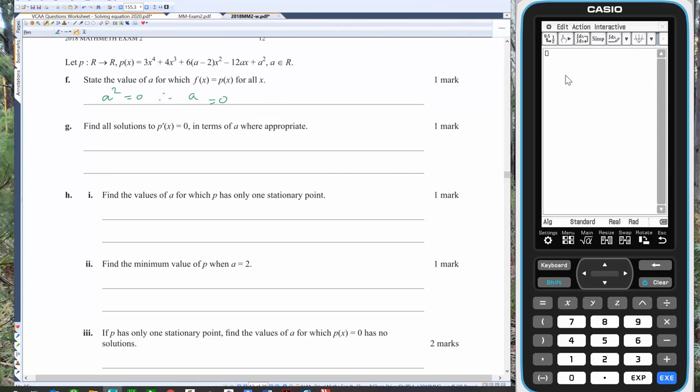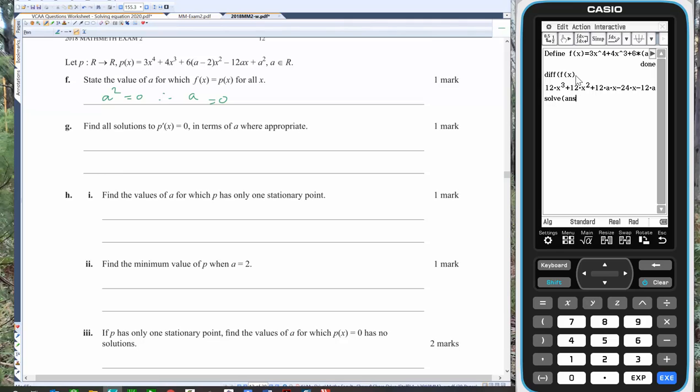Okay, so what we're going to do first of all is define a function. Okay, there's my function. So find all solutions when the derivative is equal to 0. So we're going to get the derivative function.